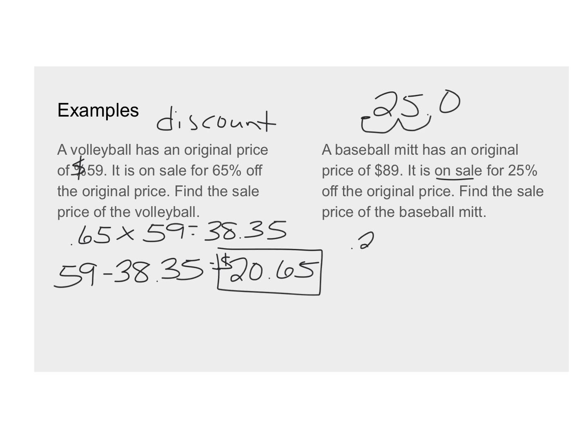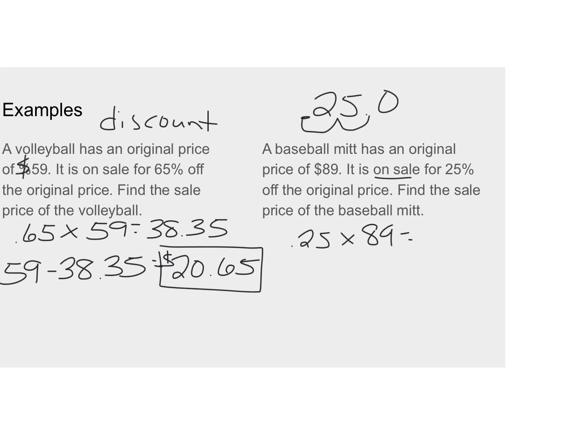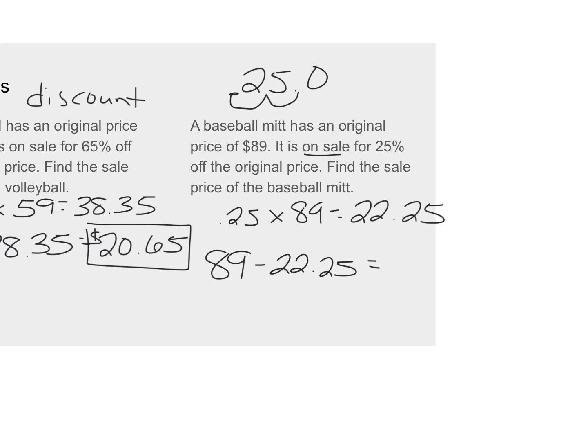So we have 0.25 times our original price. What do you get when you multiply those? That is our discount value. What do I do with my discount value? Take your original, subtract that value because our price is going down because it's on sale. What do you get for your final value?